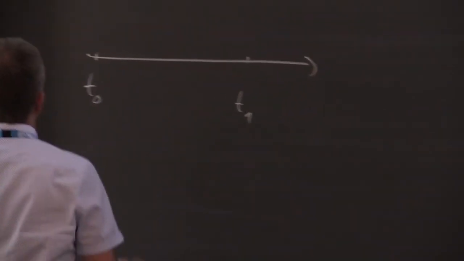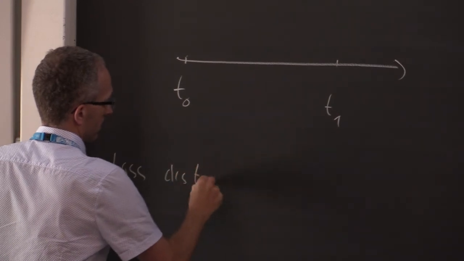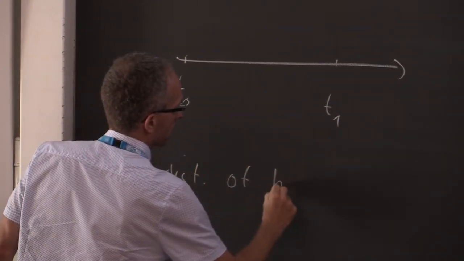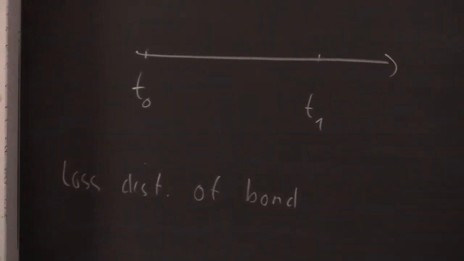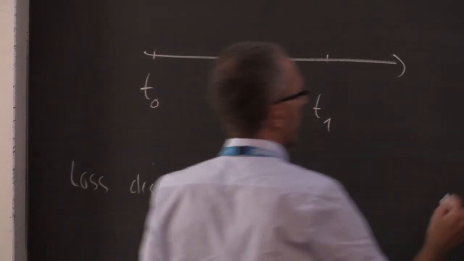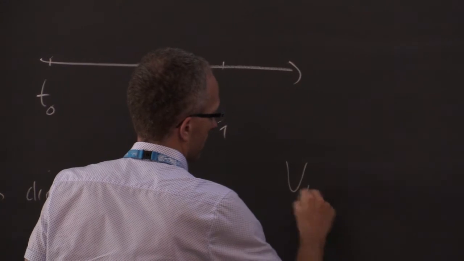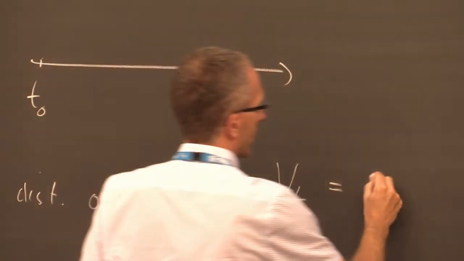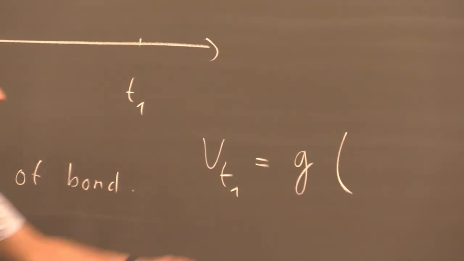So we want to find the loss distribution. The value of this bond at time t1 will be equal to some function g, that's our general mapping notation, of risk factors.